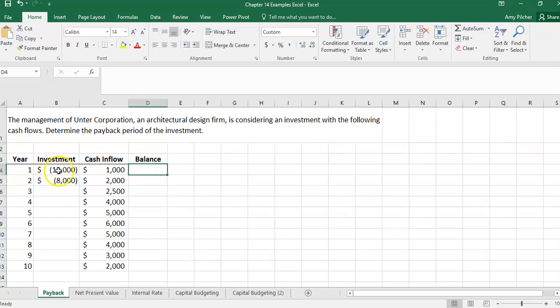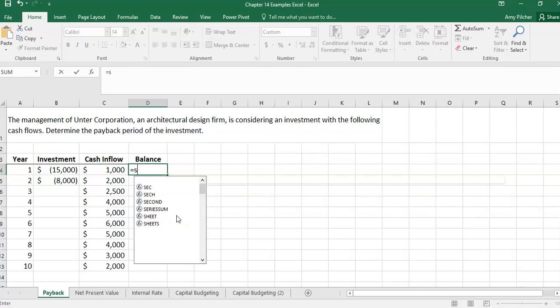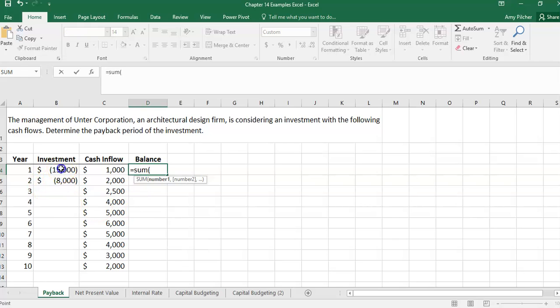So in year one, we have an investment of $15,000. And we have cash inflow of $1,000. So at the end of year one, we have a balance of $14,000.